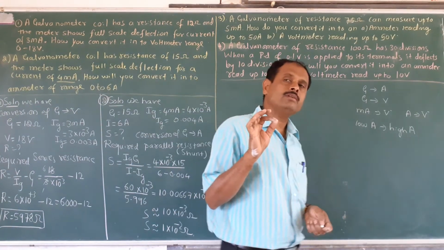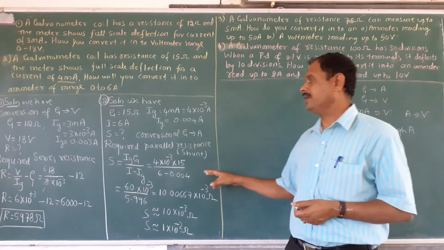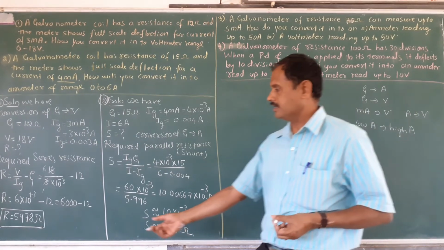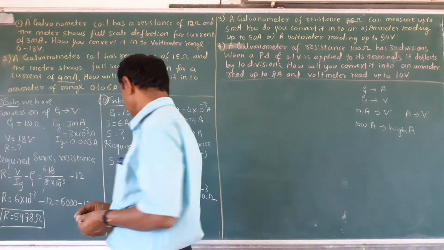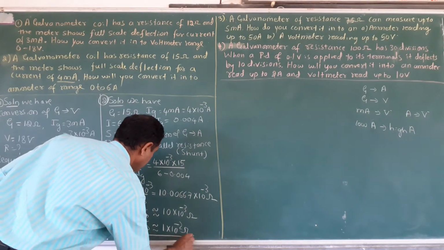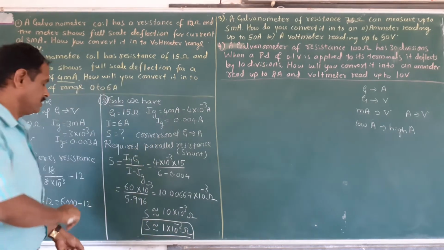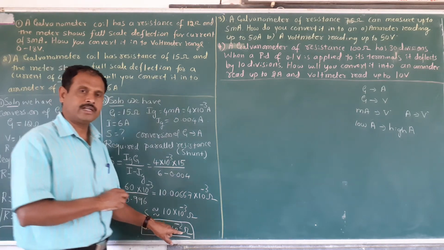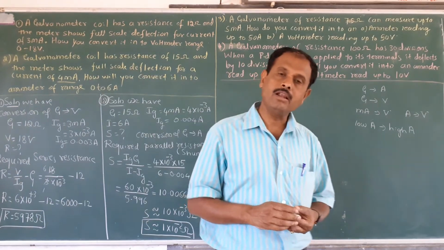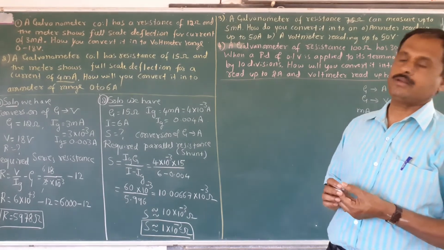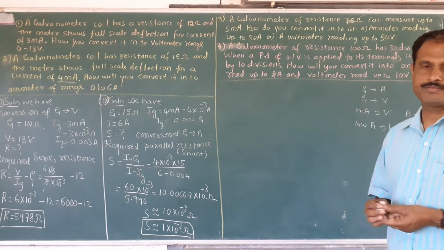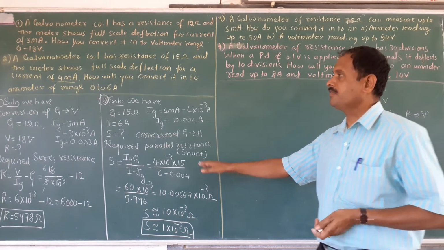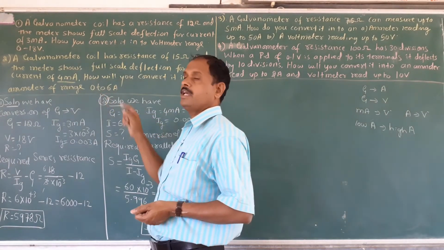If you want to write down in your notebook, pen, the small resistance 1 into 10 raised to minus 2 ohm is connected in parallel to the galvanometer. Then it is converted into an ammeter of range 0 to 6 ampere.